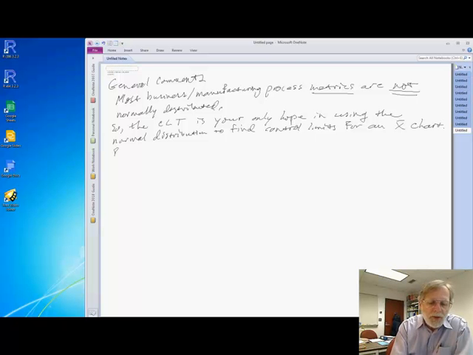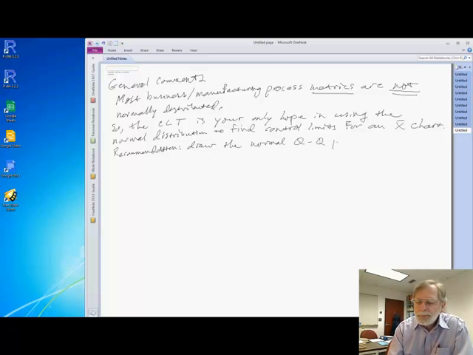So recommendation: draw the normal QQ plot using the k stage 1 subgroup means.